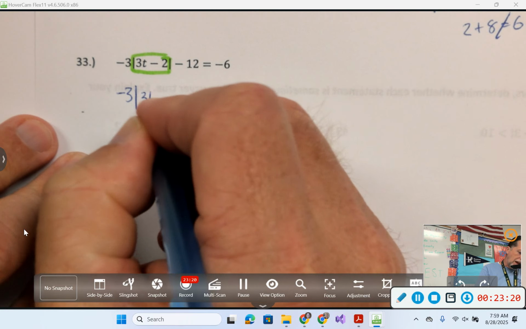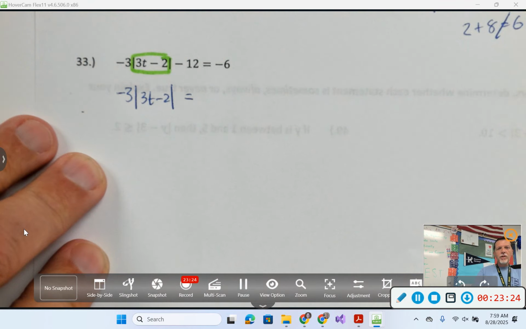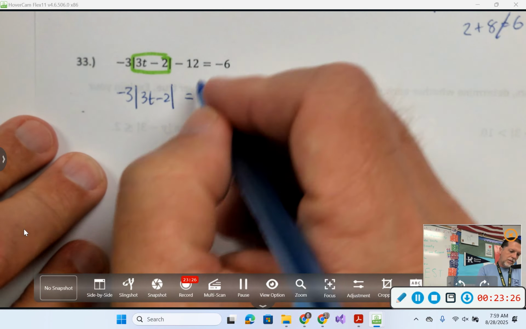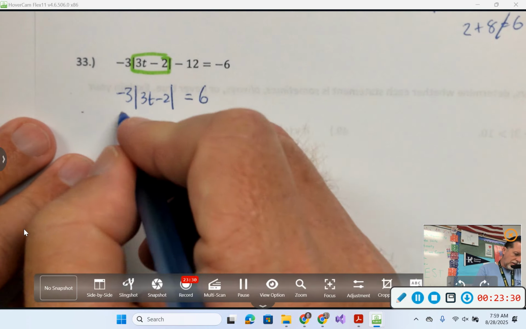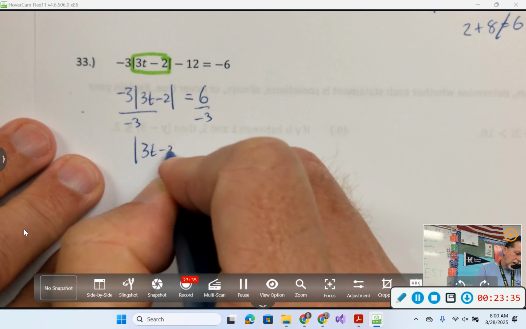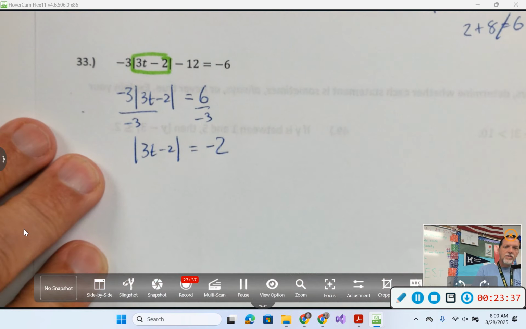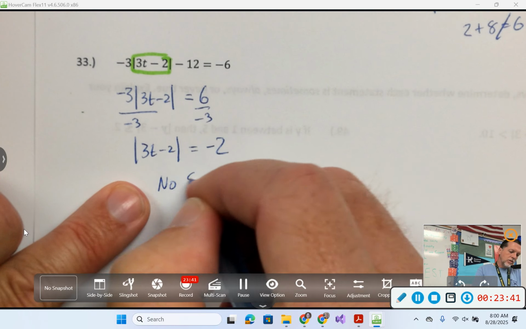Maybe we can, maybe we can't, but I don't know yet. If I add 12 to both sides, it gets me to 6. If I divide by negative 3, I get negative 2. And now I can say no solution.